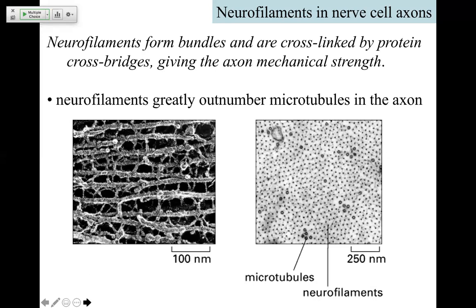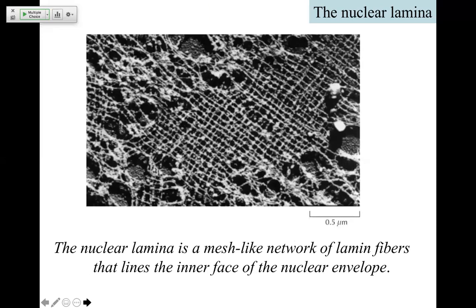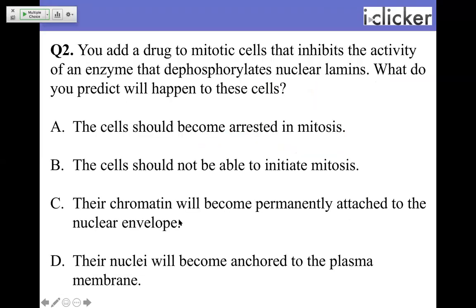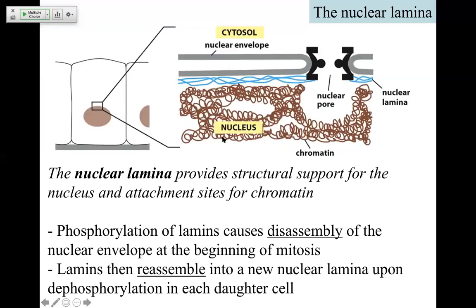And another type of intermediate filament is the lamins that are present in the nucleus. We've seen this image before, a mesh-like two-dimensional network of fibers on the inner face of the nuclear envelope. The nuclear lamina, shown here in blue, lining the inner face of the nuclear envelope, is not only attached to the inner nuclear membrane, but is also attached to proteins of the chromatin.